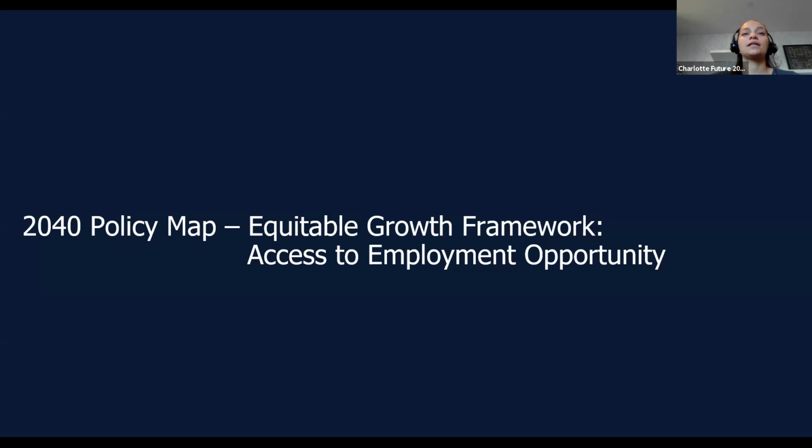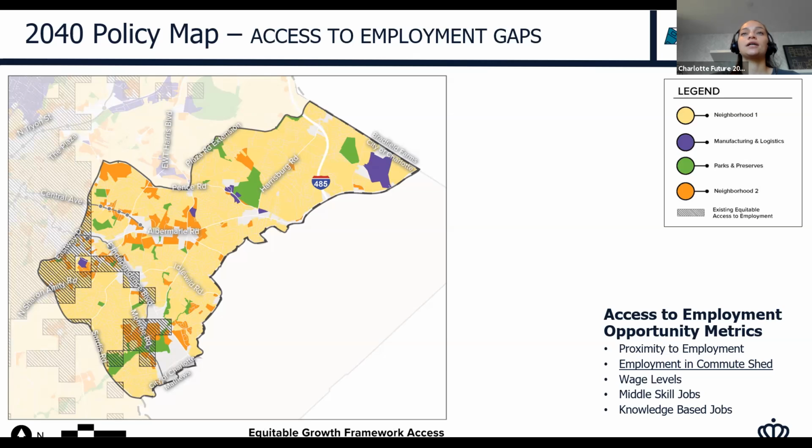The next area is the access to employment. Again, anything outside of that hatched area is an area where there's a gap with access to employment. The metrics that we use to come up with that are: what's the proximity to employment, what is the employment in the community shift, so how far do you have to drive from where you live to where you work, your wage levels, middle skilled job availability, and then the knowledge-based job availability.